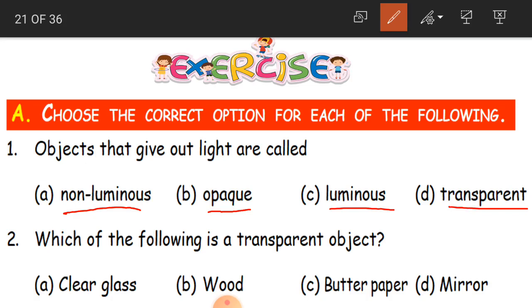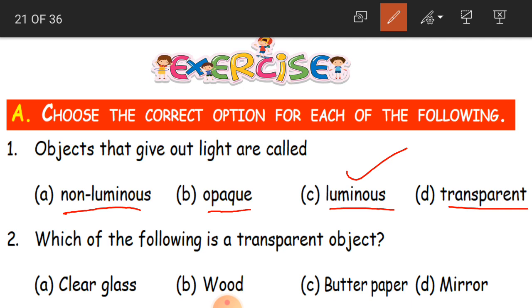Objects that give out light, like we have learnt, like bulb, torch, sun. So all these objects which give out light, what do we call them? We call them luminous materials, or luminous objects.